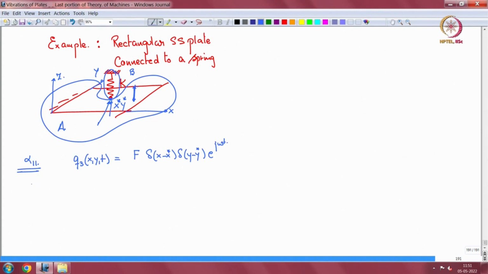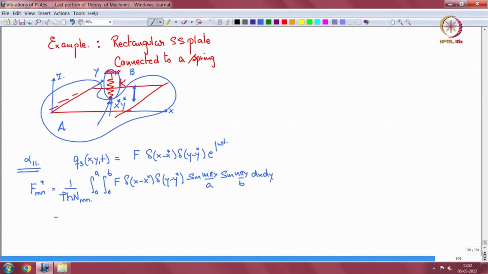Because it is harmonic, my Fmn star is 1 over rho h nmn, integral 0 to A, integral 0 to B, F delta x minus x star, delta y minus y star, sin m pi x by A, sin n pi y by B, dx dy.